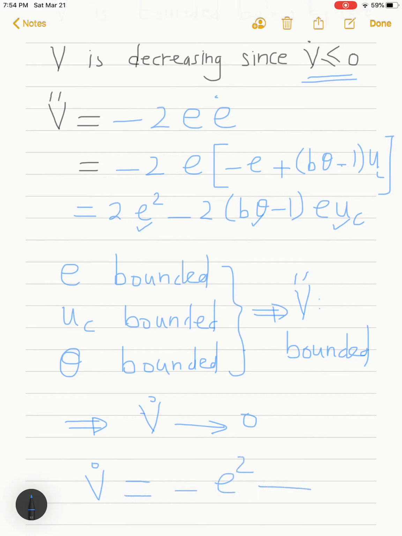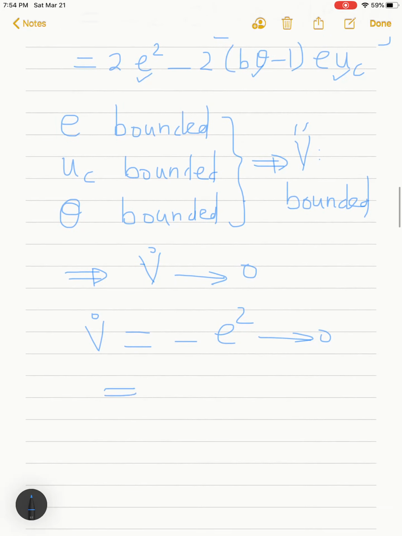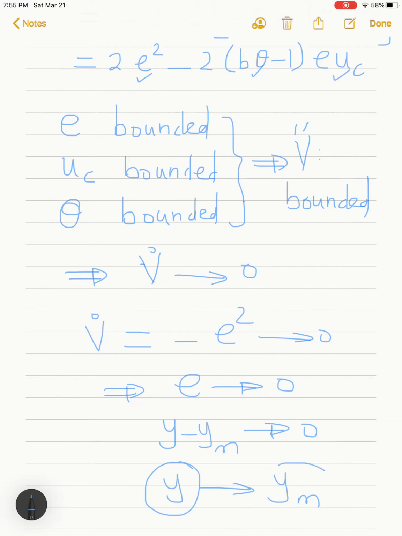So if that goes to 0, it implies that also e has to go to 0, and e is y minus ym. So if that goes to 0, it means that y has to go to ym. So now we have shown that actually the system is stable, and the output of the system would follow the output of the reference model.